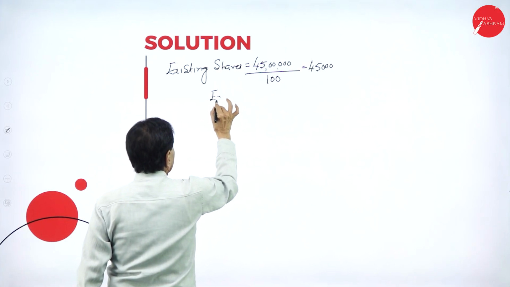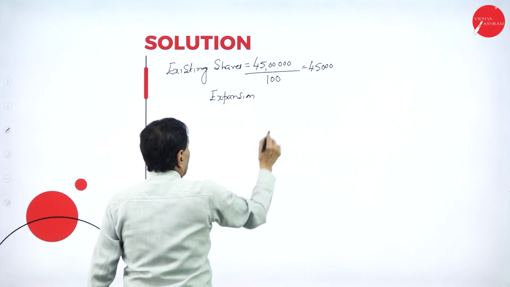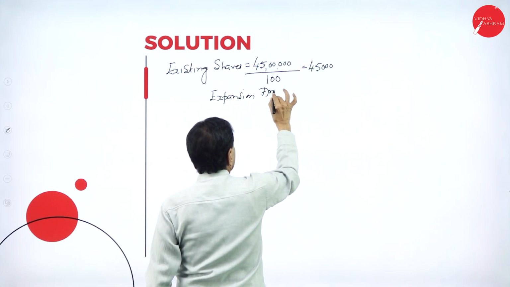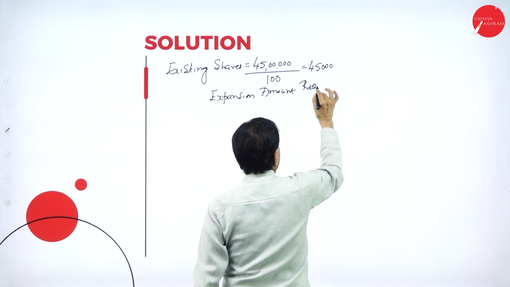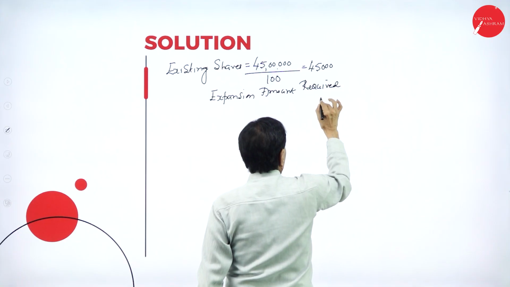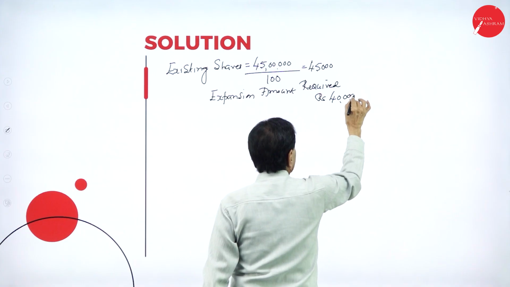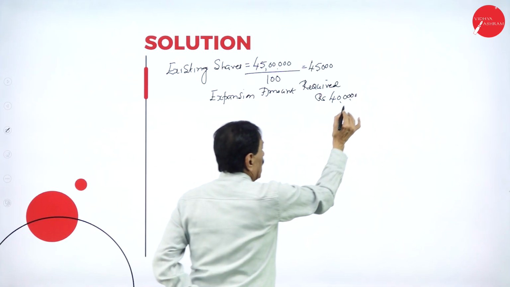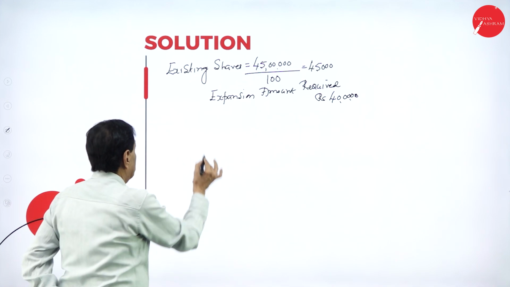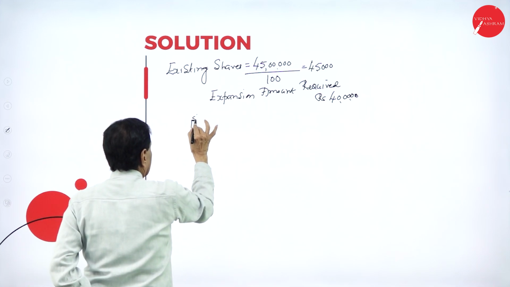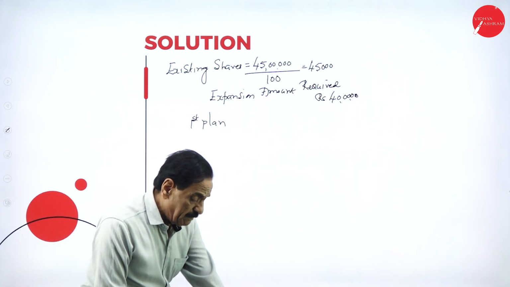Expansion, amount required: rupees 40 lakh. Amount required is how much? 40 lakh. Now, first plan. What does the first plan say?